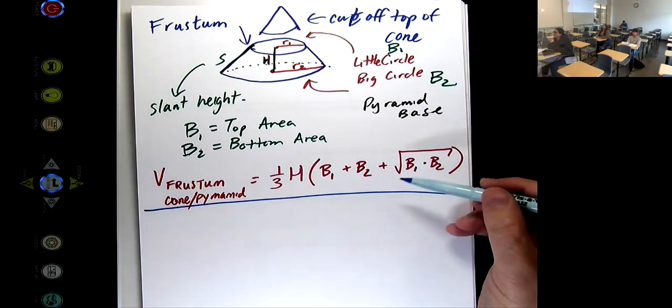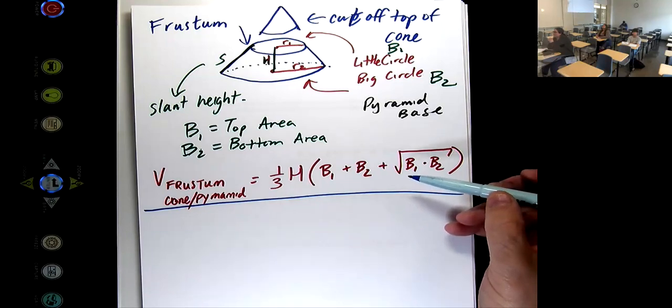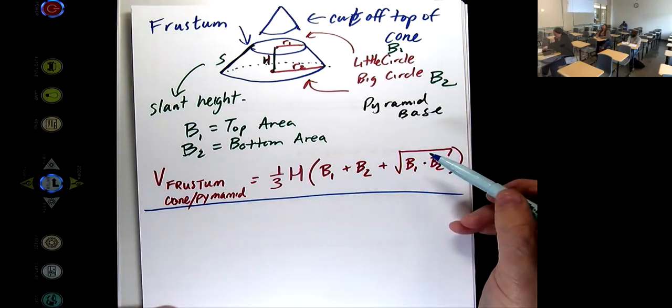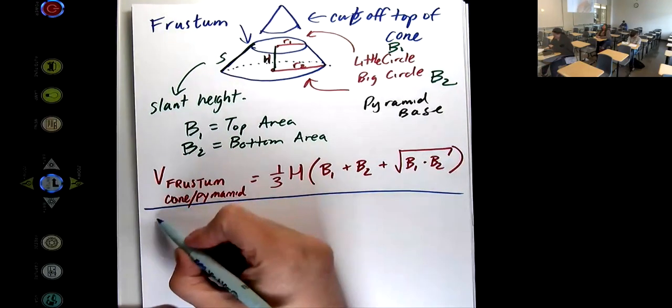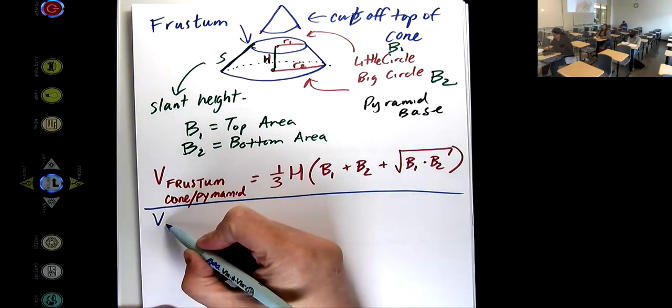That's why I said I'm not testing you on this one. But in case you need it for your career, we're gonna go over a problem, and there's probably 1 or 2 on the homework. So let's just look at the volume of a cone frustum.